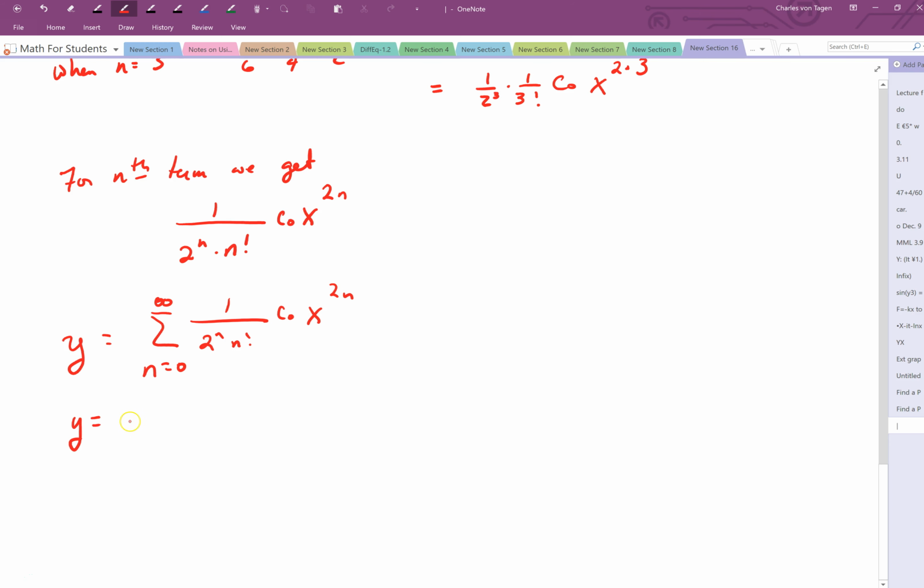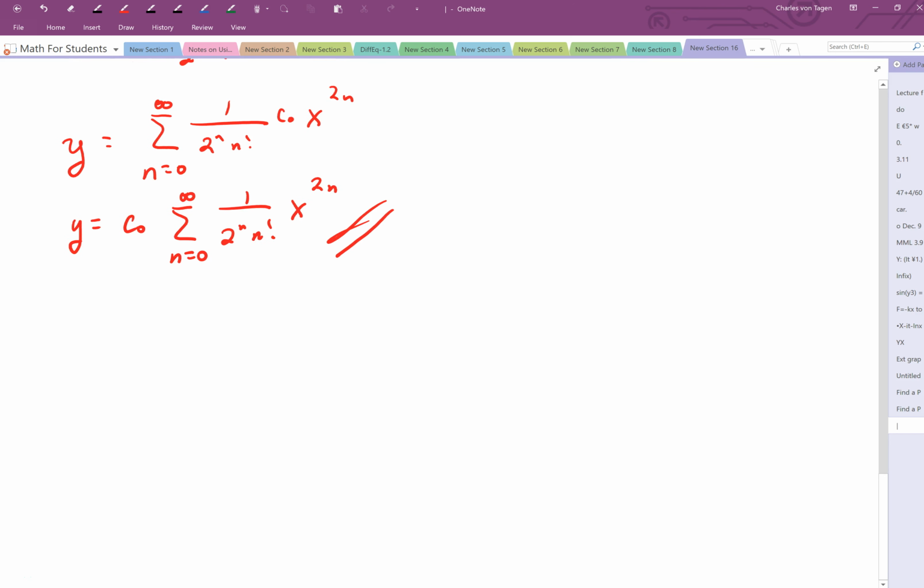So we get a solution then of y equals c naught times the sum from n equals 0 to infinity of 1 over 2 to the n factorial x to the 2n. And this is a perfectly good spot, I think, to leave our answer.